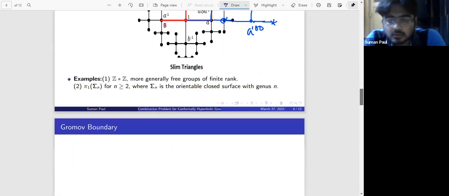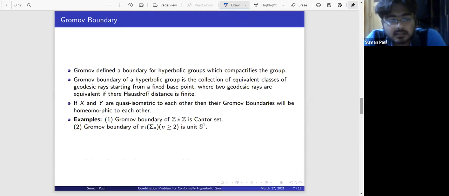Okay. So yeah. Now the next thing is, suppose X and Y are quasi-isometric to each other, then we can show that their Gromov boundaries will be homeomorphic to each other. Okay, and this is expected. I mean, not readily seen, but it is not very difficult to show that the boundaries will be homeomorphic.